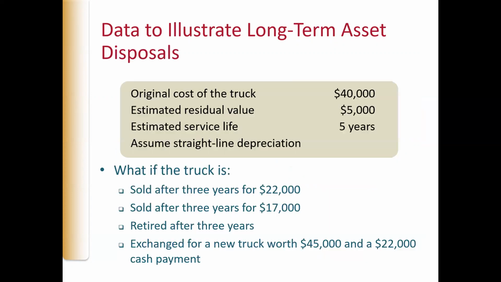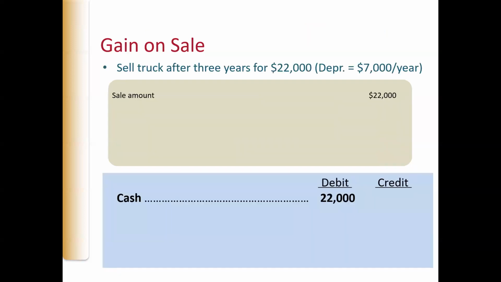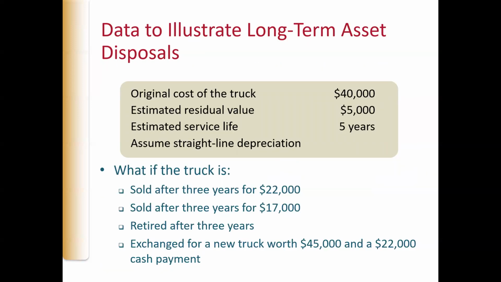And exchanges also do happen. So in this case, we have an original truck at 40,000. The estimated residual value is 5,000, and the estimated service life is 5 years. We're going to assume straight line depreciation, and we're going to figure out scenarios.